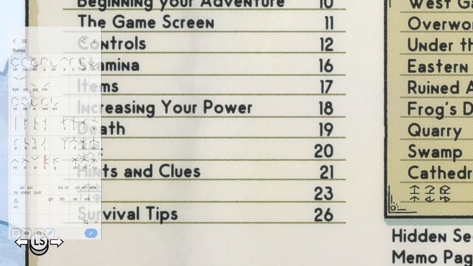K is pretty much a K. G is not, but it is again the voiced version. And I don't know, I just don't have that much trouble remembering these. Vowels are harder to remember.